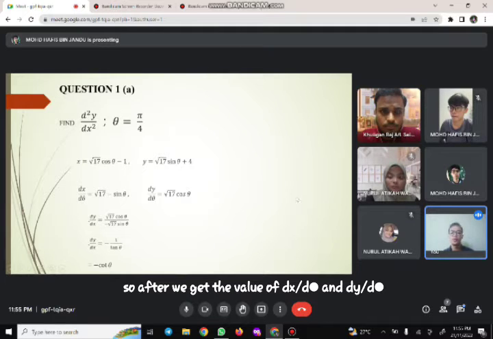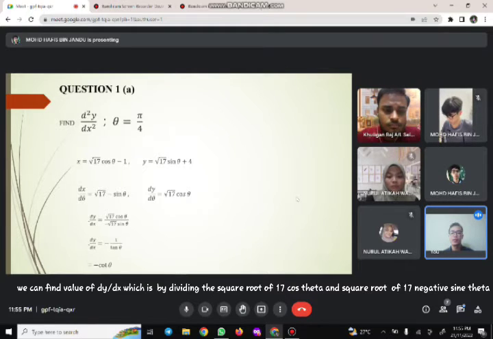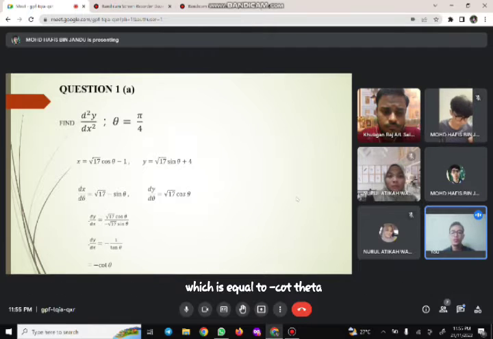After we get the value of dx over d theta and dy over d theta, we can find the value of dy dx, which is dividing the square root of 17 cosine theta and negative the square root of 17 sine theta, which is equal to negative cotangent theta.